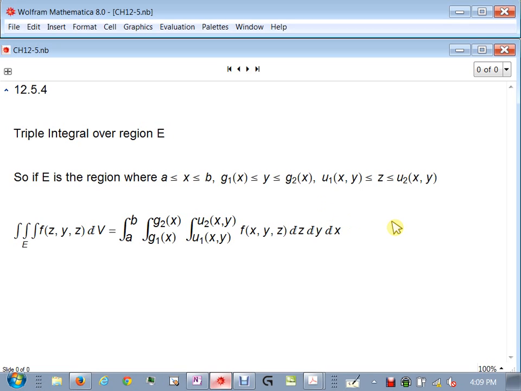So if your x is between two constants, your y is between two functions of x, your z, up and down, is between two surfaces, u1 and u2, then your triple integral sets up this way. Notice the outer integral with respect to x has the constants. Then the middle integral is with respect to y, it has your restriction on y. And then your inner integral is your z, and that's your two surfaces you're stuck between. And of course, you have your function in there.